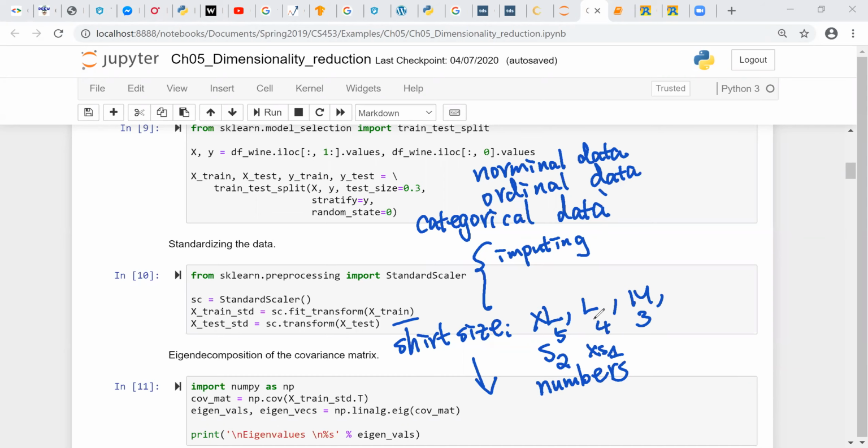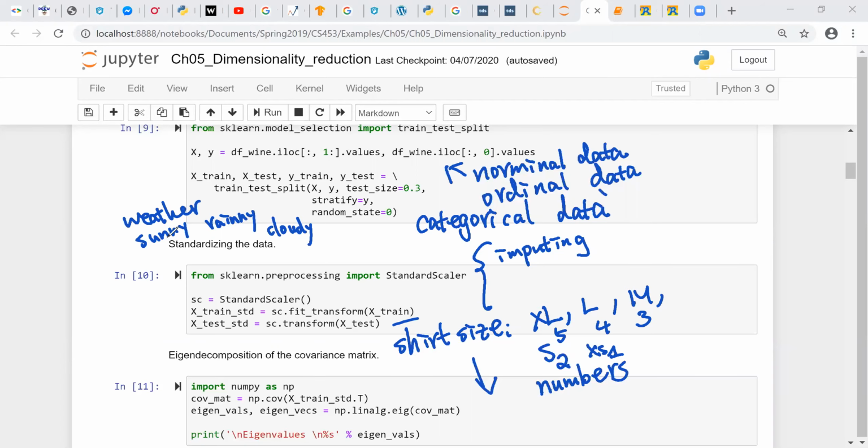But there's another type, nominal data. Nominal data is, suppose, weather. You have sunny, raining, and cloudy, and there is no order among them.